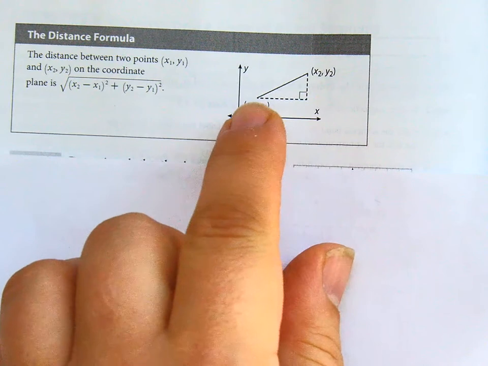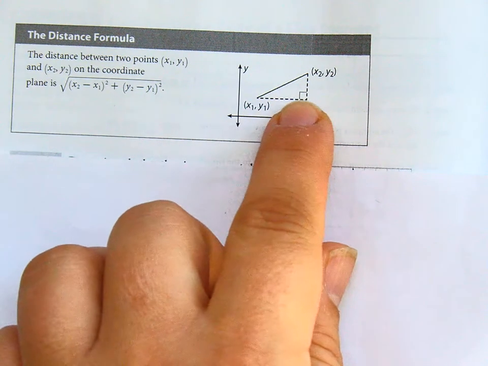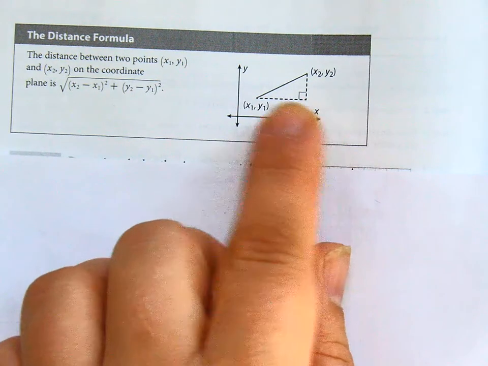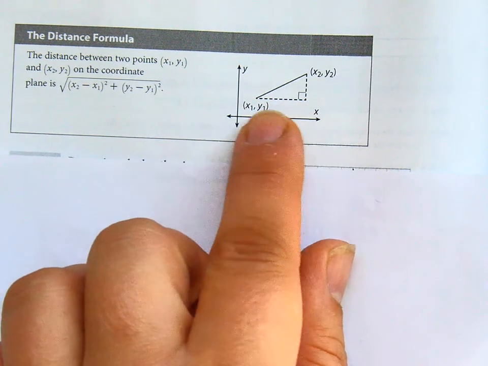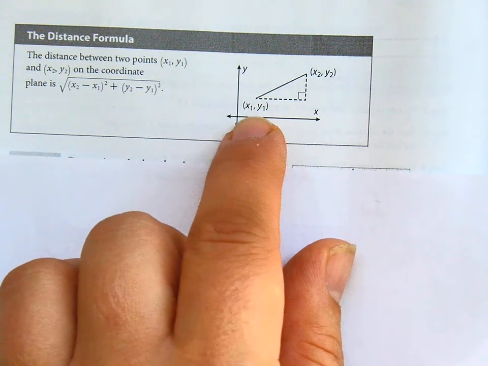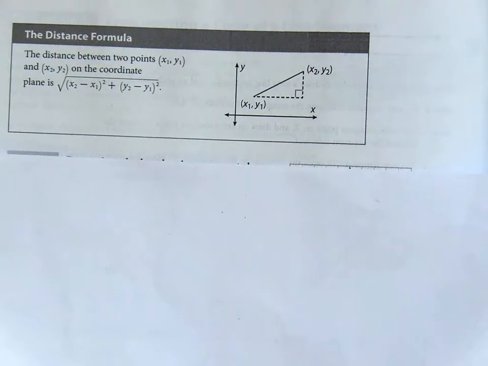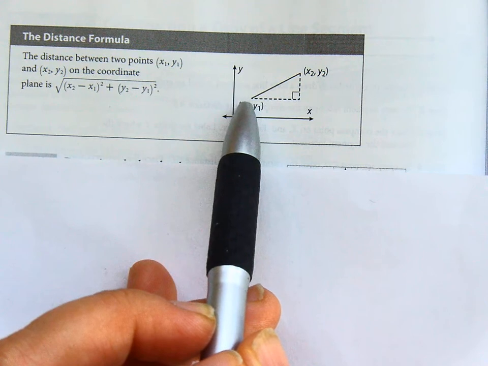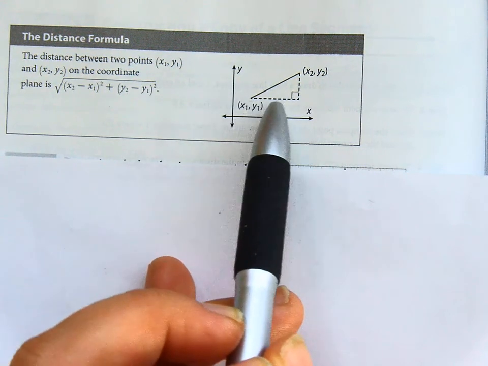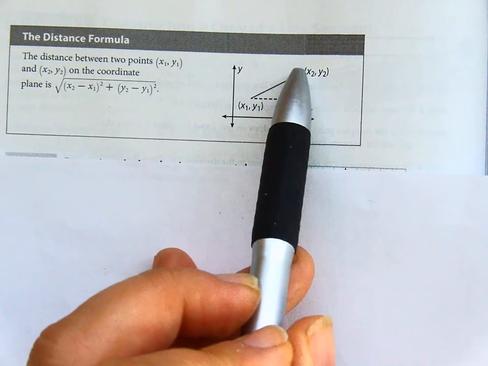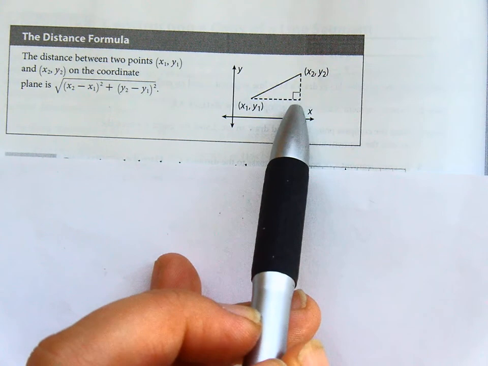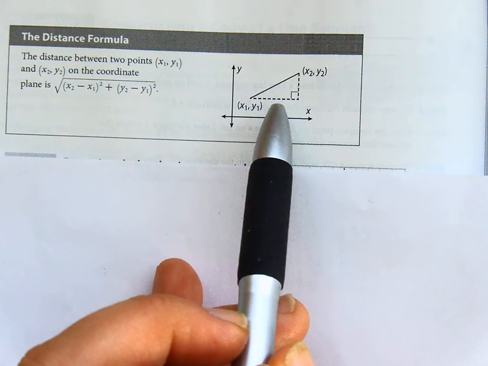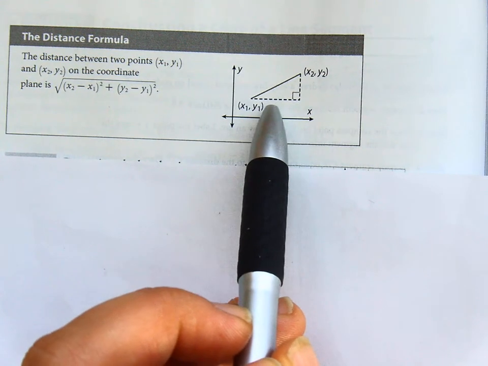And not only that, we need to find the length of my a and the length of my b. Since it's on a coordinate plane, if this point here is my x1 and this point here traveled a distance over to be my x2, then the difference between those two x values is in fact my a.